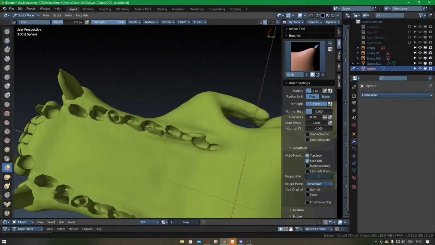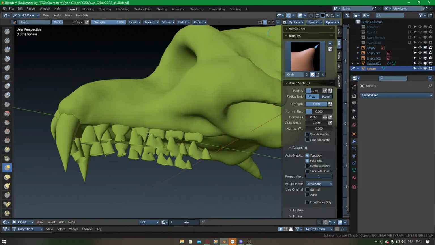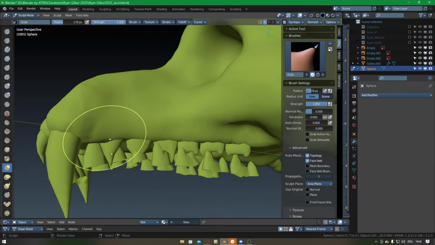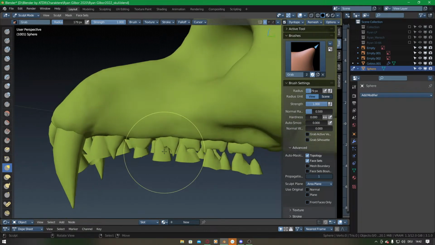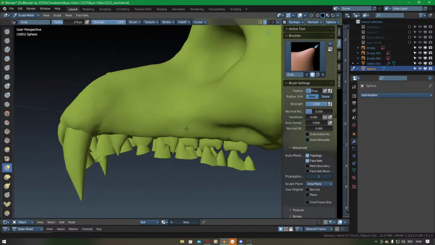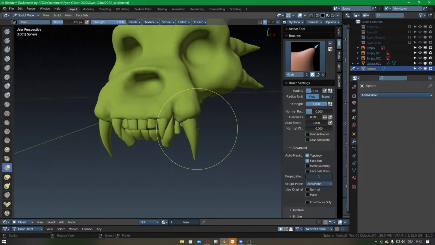And let's see. Obviously working, and that's the skull with horns and such.